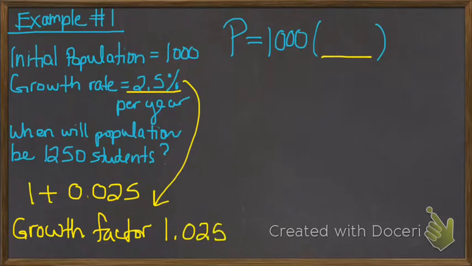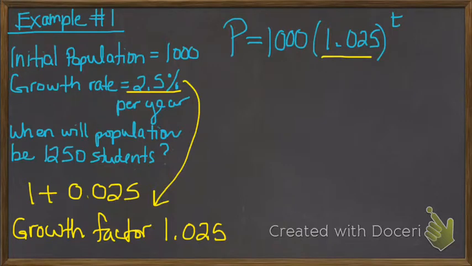And that number is going to go inside of your model, inside the bracket. So I'm going to write that here, 1.025. We're going to raise this to an exponent, and I'm going to call that exponent t for time.